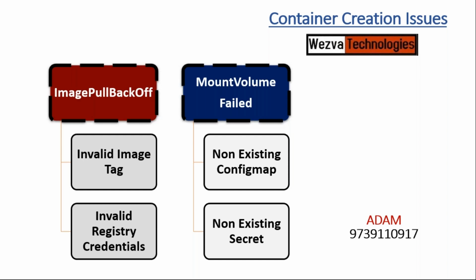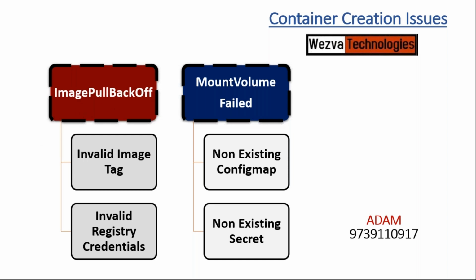The very first part we saw was the issues you might get with an invalid image name, an invalid registry, or no access to the registry. That's when the pod will be in a state called image pull back off.